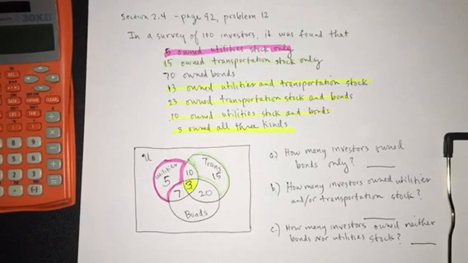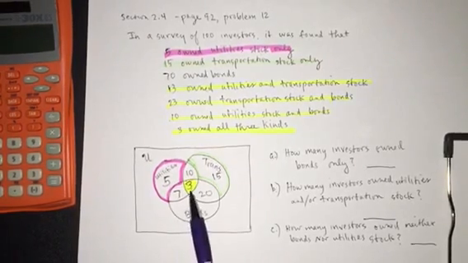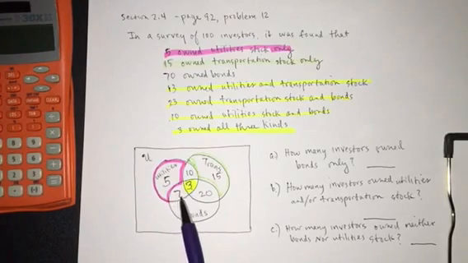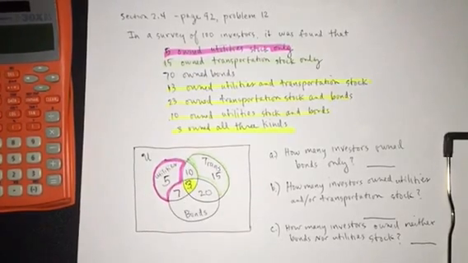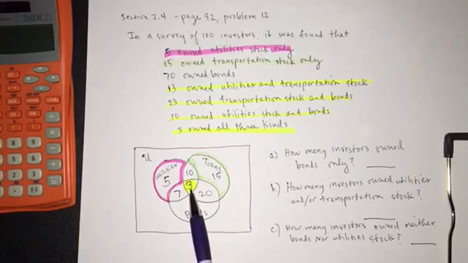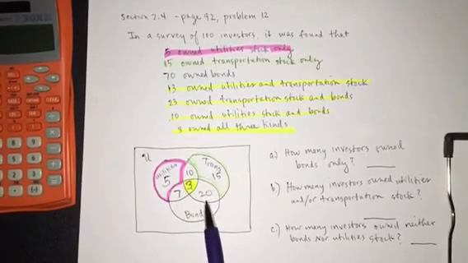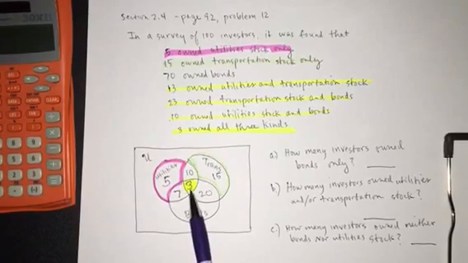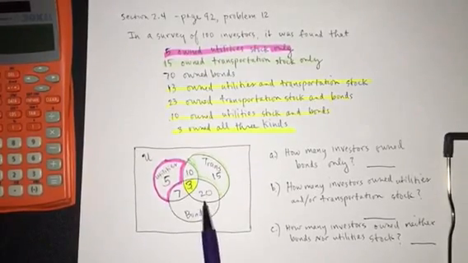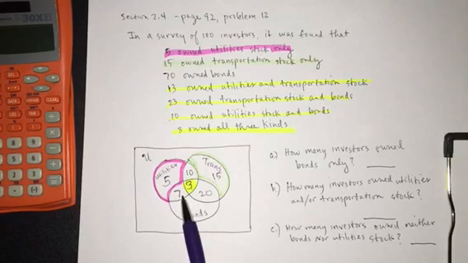70 people owned bonds. Now inside the bond circle, we already have several people counted in there. I got the 3 who had all 3, the 7 who had utilities and bonds without transportation. I got 20 people who had transportation and bonds and not utilities. So we need to add 20 plus 3 plus 7.